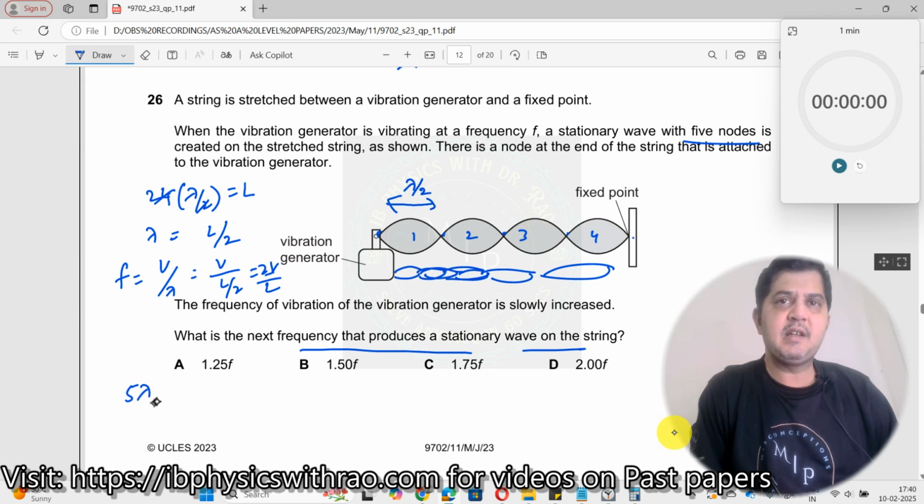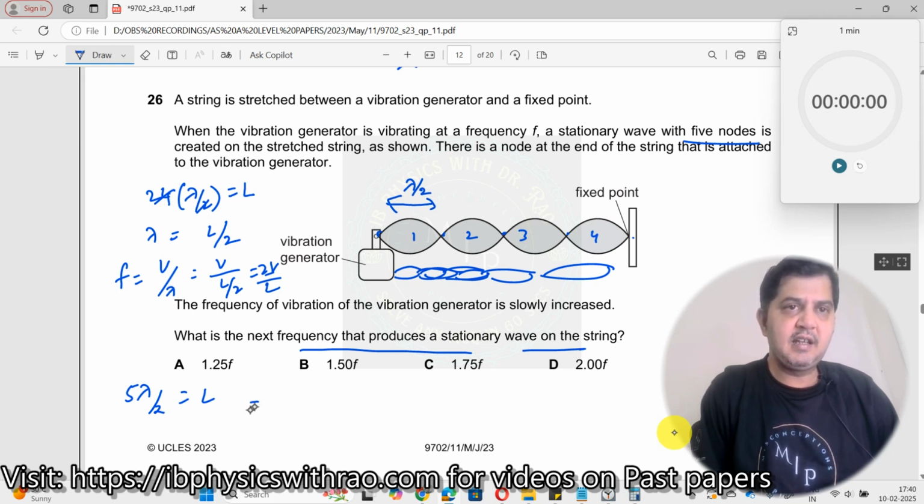5 times lambda by 2 will be equal to L. I am applying the same logic over here. So 5 times lambda by 2 is equal to L, or in other words, lambda is equal to 2L by 5.